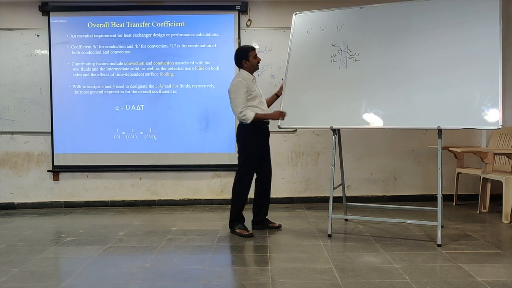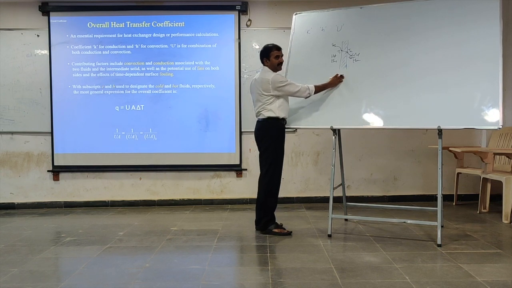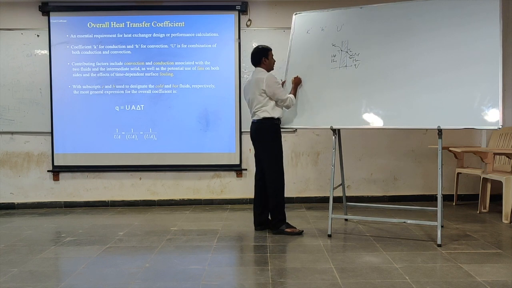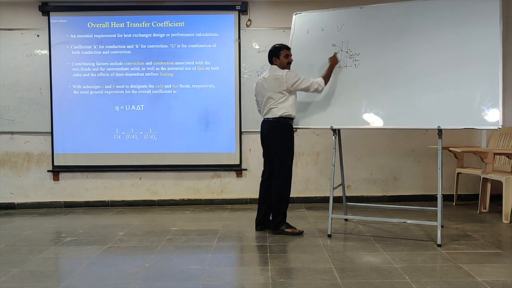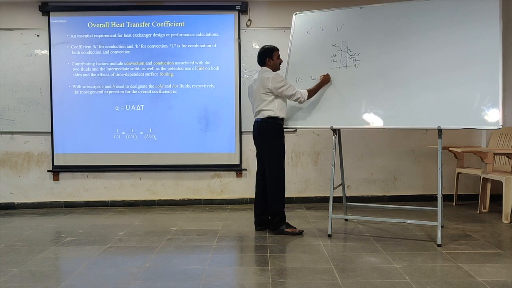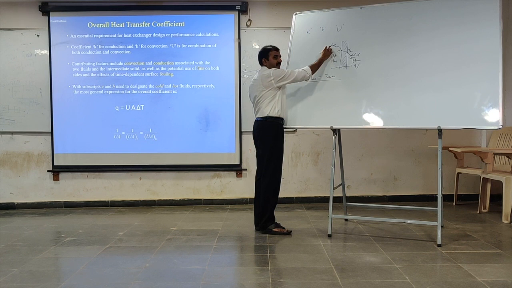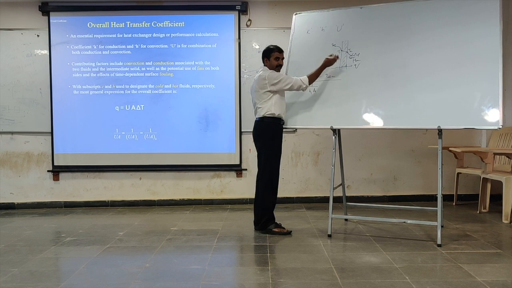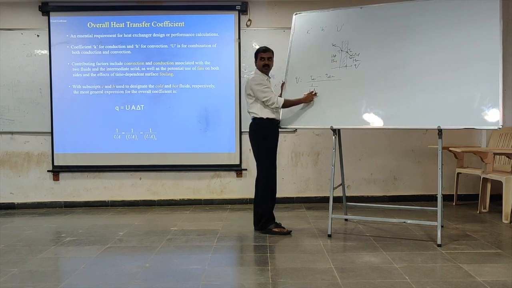Now, what is the heat transfer equation that you write here? Heat transfer across the wall, Q, is equal to the overall temperature difference, T infinity 1 minus T infinity 2, divided by the resistance of the hot fluid. Convective resistance is 1 by H1 into A. Because this is a plane wall, the area on both sides is the same. Otherwise, I could have written this as H1 A1.